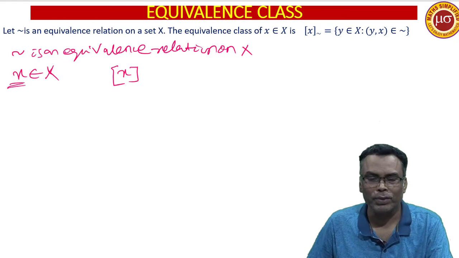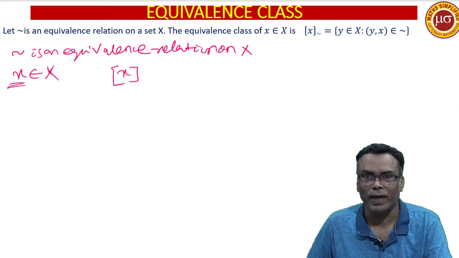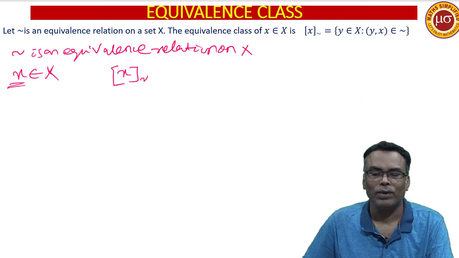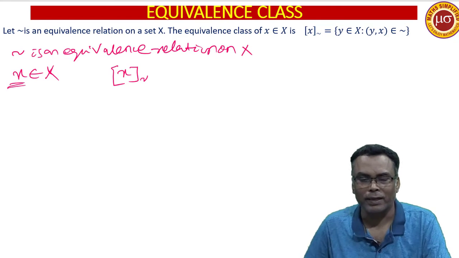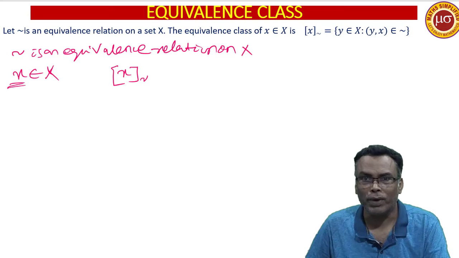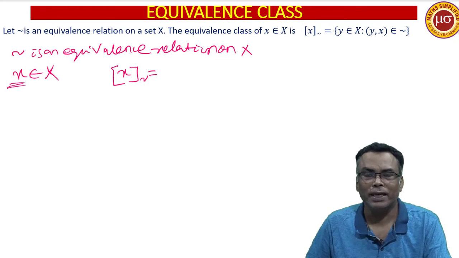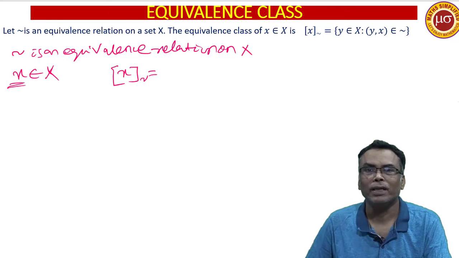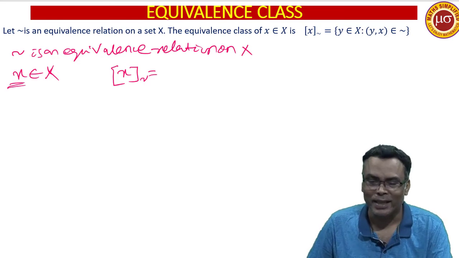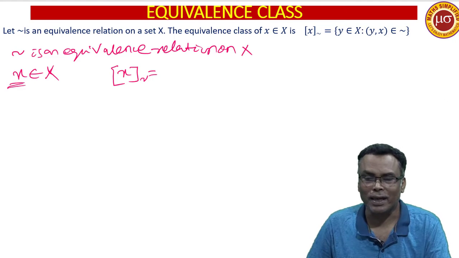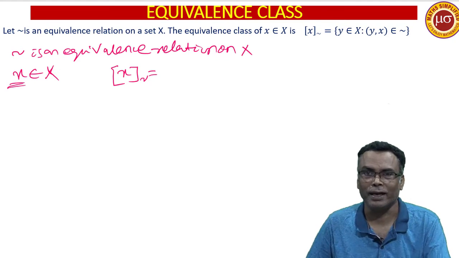Remember, don't confuse this bracket with the greatest integer function. So what is the equivalence class of x? It is the set of all elements which are related to this x. If we take them together and make a set, that is the equivalence class of that particular x.